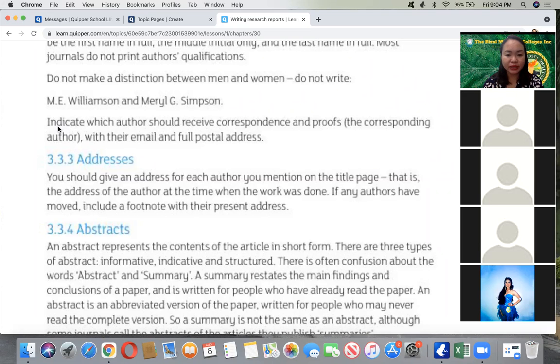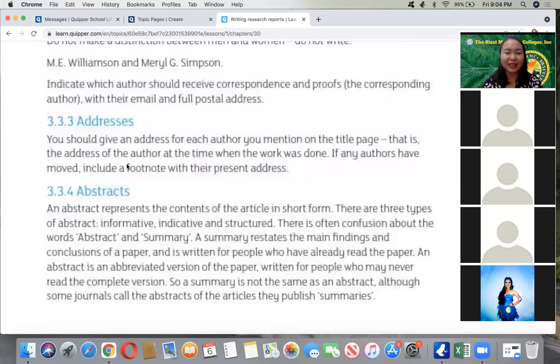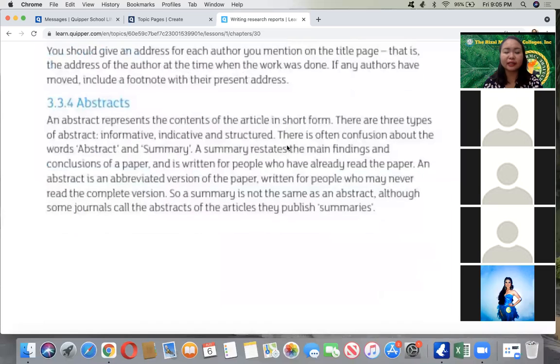So you need addresses. It's formatted like a footnote, but it's not the footnote I'm talking about. You have seen that for sure.